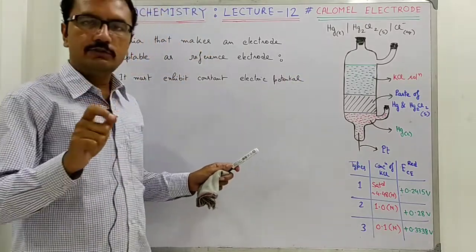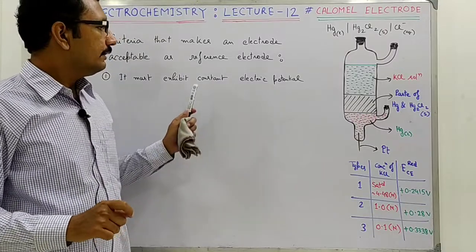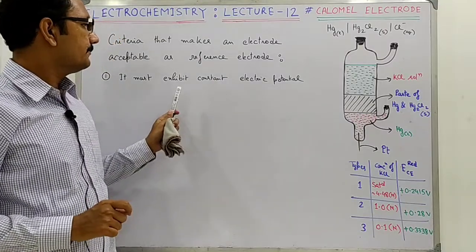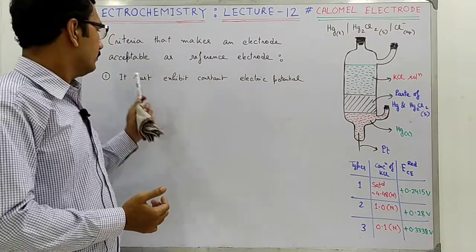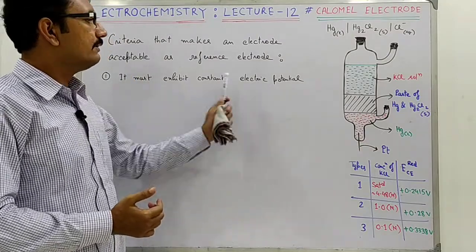For small withdrawal of current, that electrode must not fluctuate its potential. So it must exhibit constant electric potential.